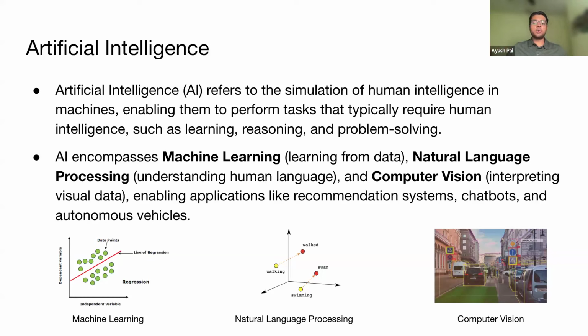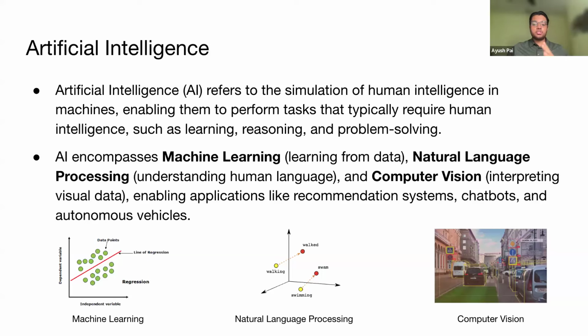Machine learning focuses on the development of algorithms that enable computers to learn and make predictions based on a data set. An example is regression analysis, where the model identifies a relationship between dependent and independent variables to make predictions. Natural language processing involves the interaction between computers and human language.